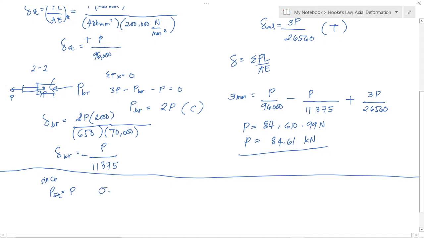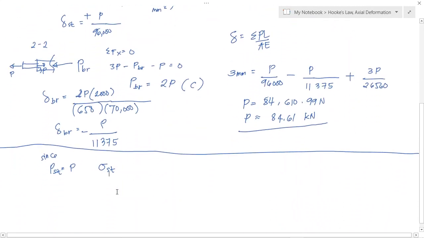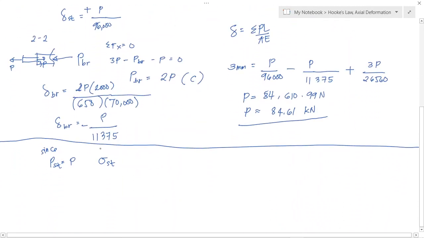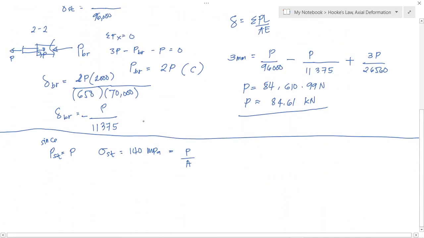And then the stress ng steel given sa problem, which is equivalent to 140 megapascal, equivalent din yan sa P over A. What is the cross-sectional area of the steel? That is equivalent to 480. Magkakaroon ka ng 140 is equal to P over 480 square millimeter.